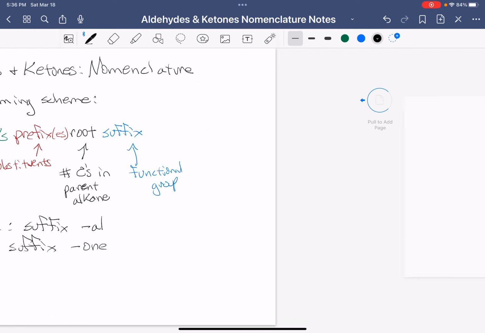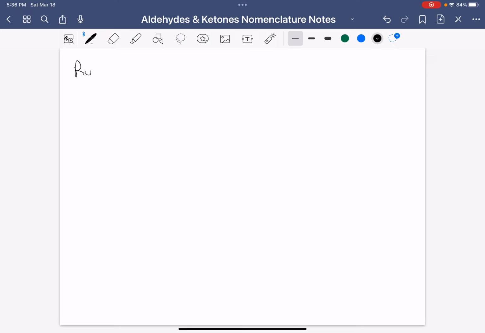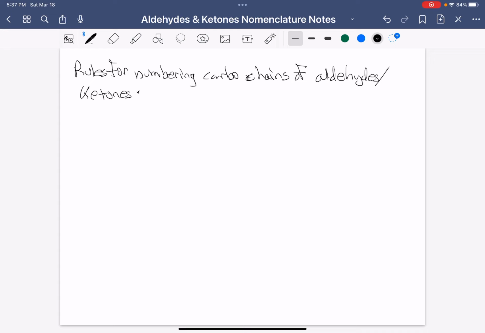Now, when we're numbering our carbon chain, let's say rules for numbering carbon chains of aldehydes and ketones. Really, there's just two rules.